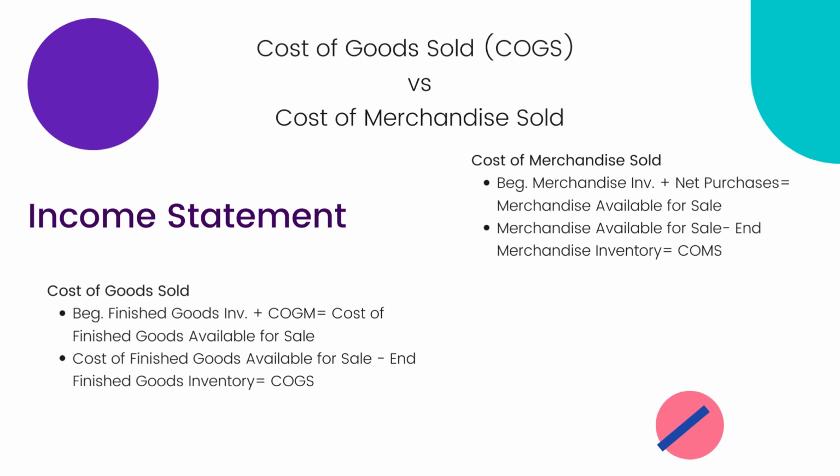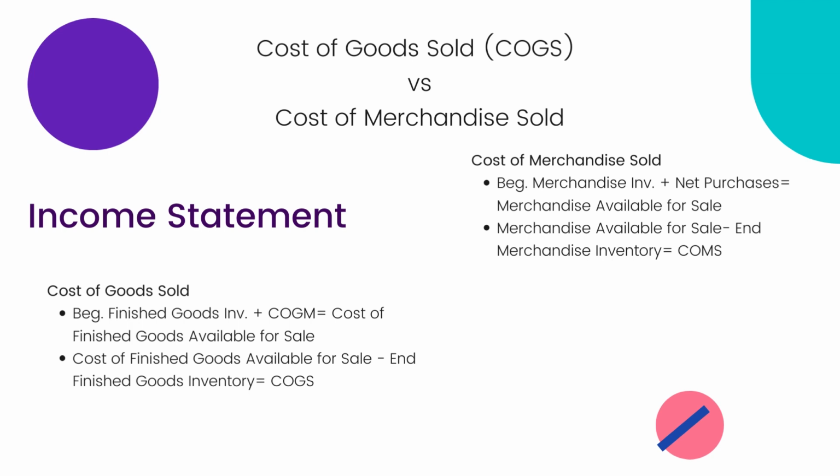So your cost of goods manufactured is basically the same as on here that was in your work in process, right? And then it's going to give you your cost of finished goods for sale. And now you're going to look at your cost of finished goods available minus your inventory, which will give you cost of goods sold. Okay.